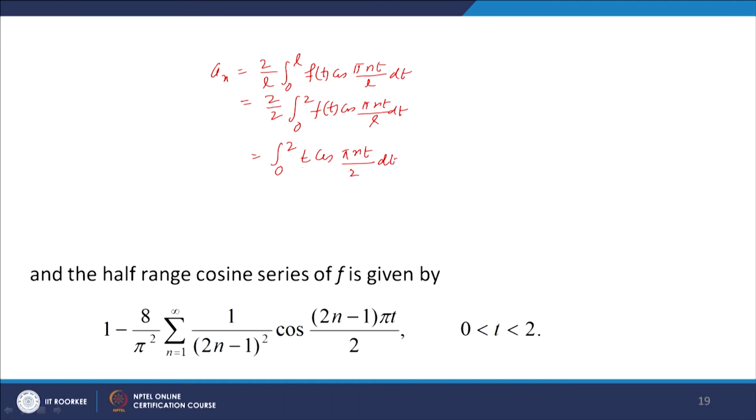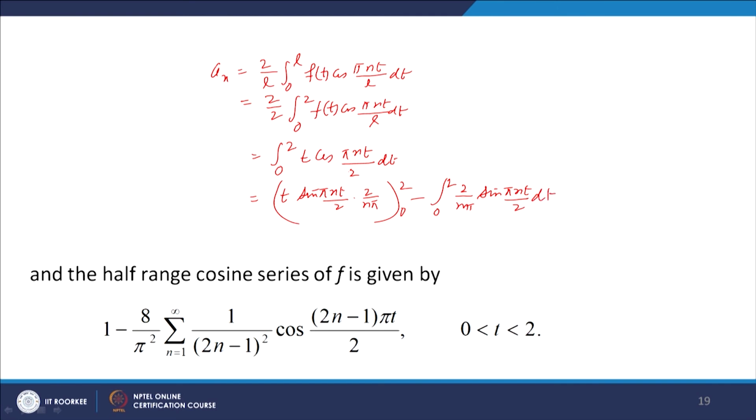Now, we can integrate it by parts. So, we get t times sin(n pi t / 2) into 2 over n pi from 0 to 2, and then minus the integral from 0 to 2, where the derivative of t is 1, of 2 over n pi sin(n pi t / 2) dt.